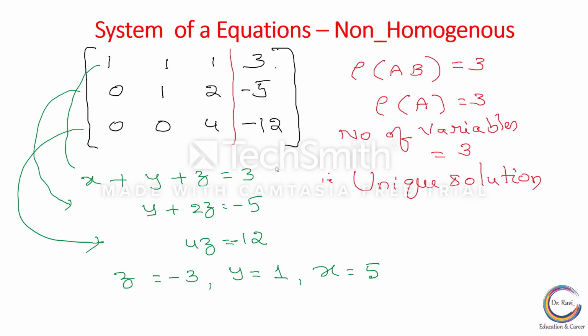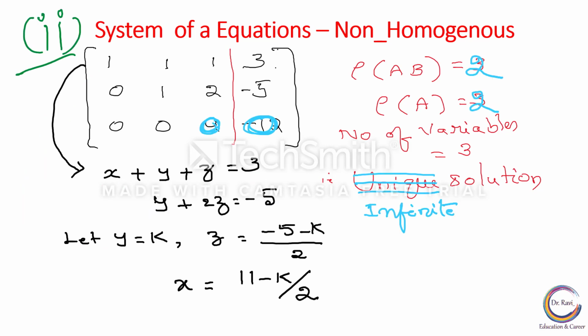Then we get these equations. From this we get the z value, substituting the z value here we get the y value, and substituting the y and z values in the first equation we get the x value. So we get x equal to 5, y equal to 1, z equal to minus 3, which is the unique solution.